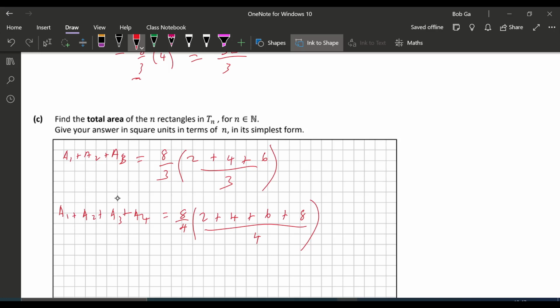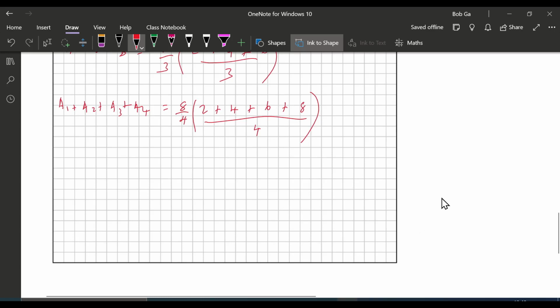Now we see that we're beginning to have a sequence at the top here. So, for n rectangles in the triangle, it will be 8 over n, n being the number of rectangles, into 2 plus 4 plus 6 plus 8 plus up to whatever n.